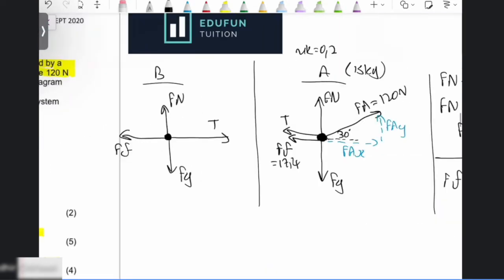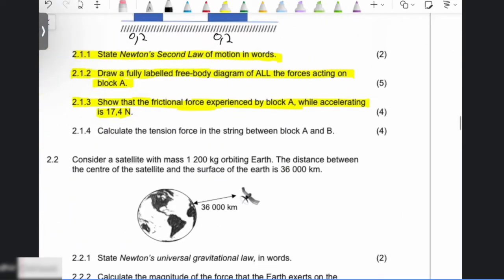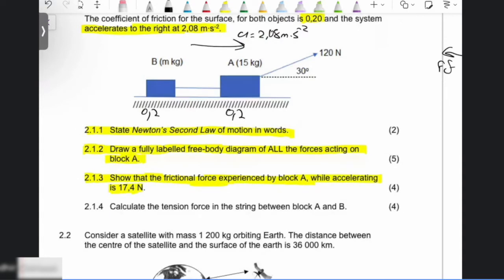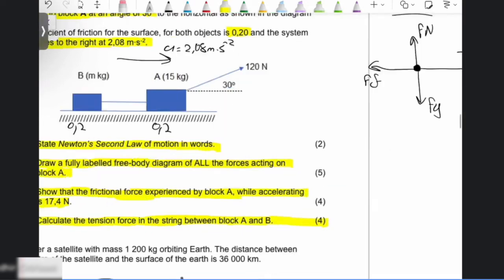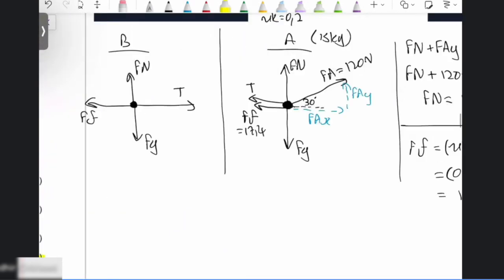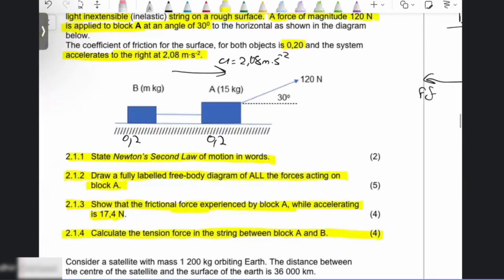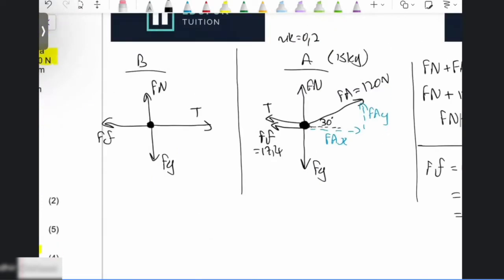Okay, now let's take this to then calculate tension. We don't need to calculate acceleration, just the tension. So 2.1.4, calculate the tension force in the string between block A and B. So we just want the tension force, guys. They want us to calculate what this tension force here is.